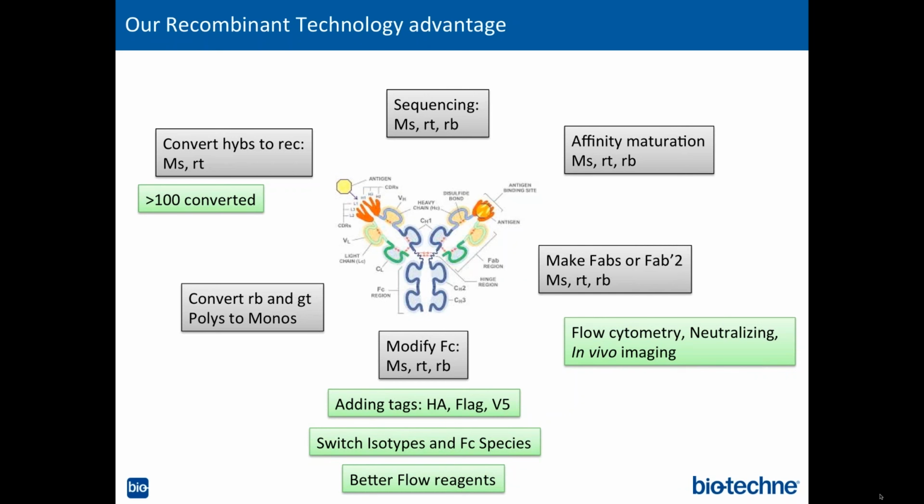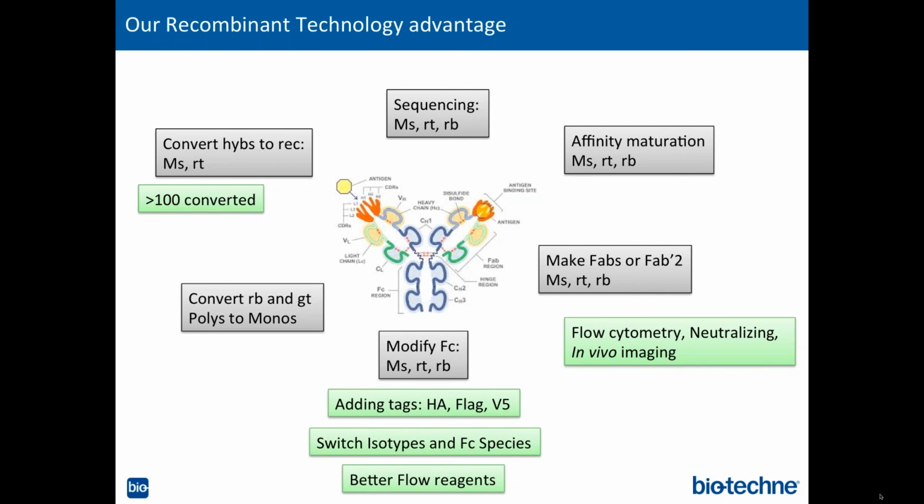Once you have the FC region cloned, you can add tags, you can switch isotypes, you can switch FC species, so you can swap a rabbit FC constant region, for example, for a mouse FC region, where you can introduce specific modifications and point mutations which can make for better flow cytometry reagents, since you're abolishing some of the receptor interactions.